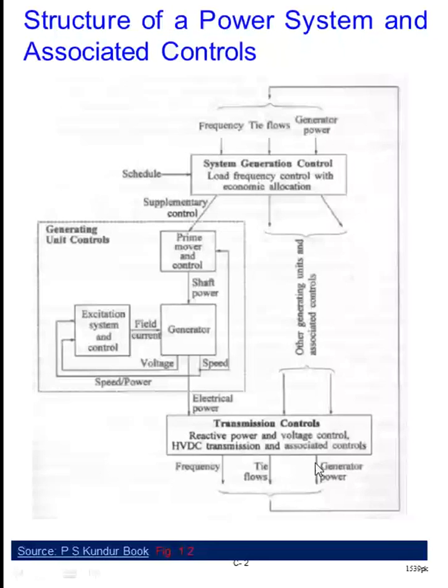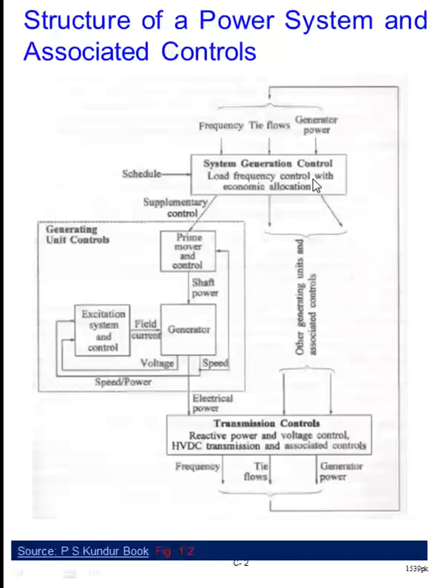With those, there are several power plants. All right, there is not just one power plant. There would be several power plants. Now, with the exchange of information about the frequency, about the tie line flow, about the power generated by each power plant, we need to have a frequency control with economic allocation.